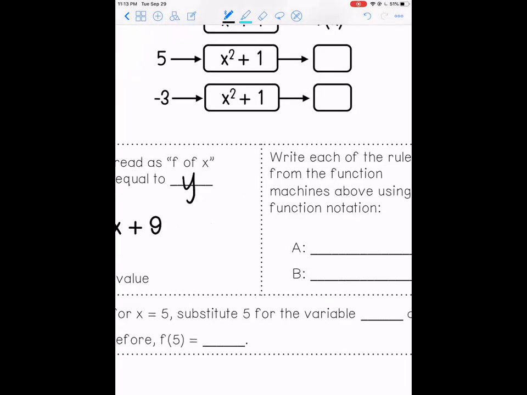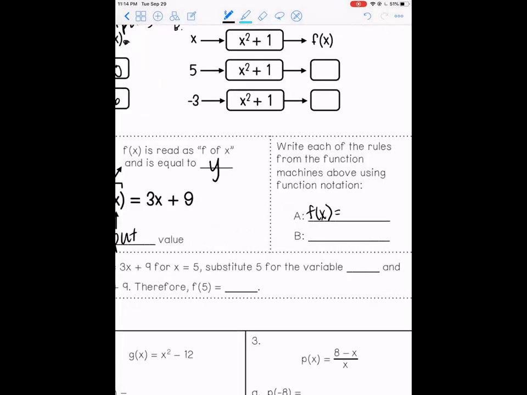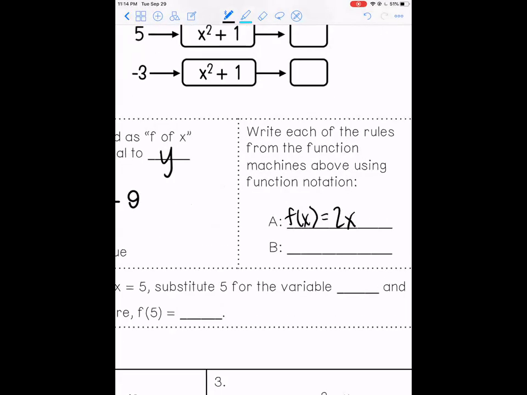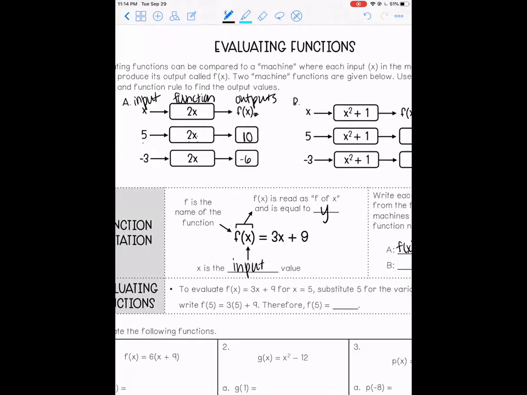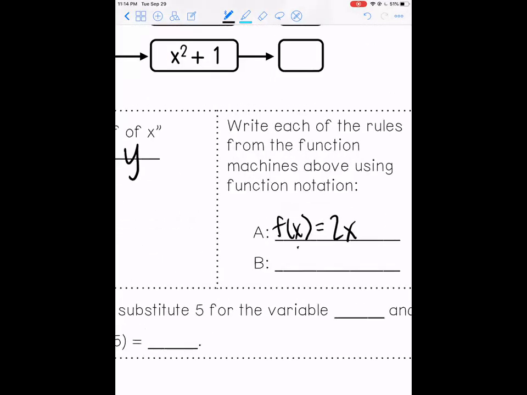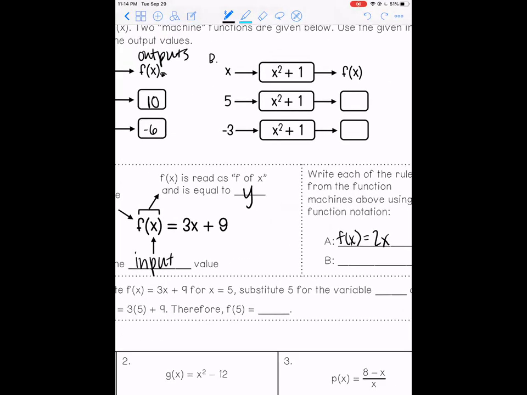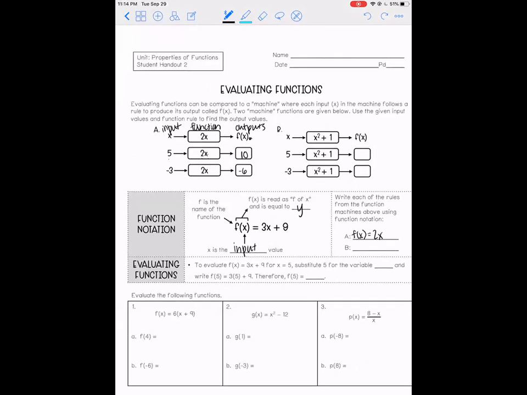That's what it told us up there. So f of x equals, and then our machine, our rule, the equation was 2x. We don't have to worry about these other input values right now because we've got that covered by the parentheses. That tells me we're putting in x for now. So you can do B by yourself on that one.